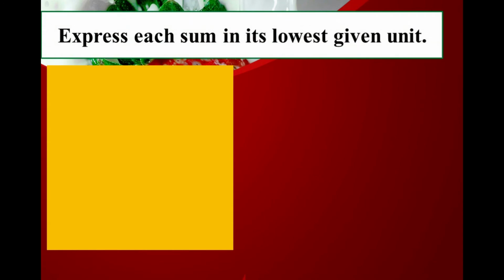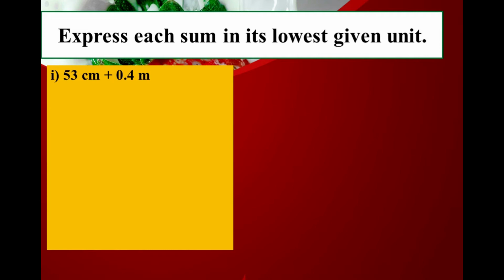Express each sum in its lowest given unit. First one is 53 centimeter plus 0.4 meter. Here, which unit is the lowest? Centimeter. As I have taught you already, centimeter lies to the right side of the base unit. So that is the lowest unit. So how many steps do we have to move from meter to centimeter? 2 steps.